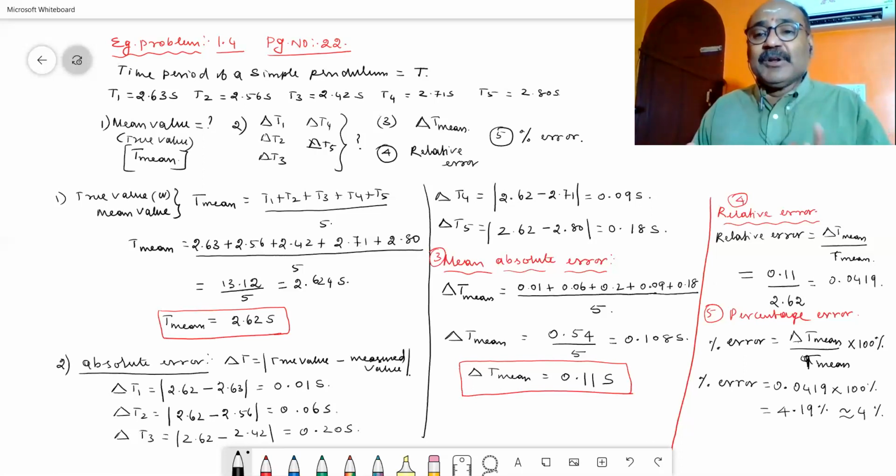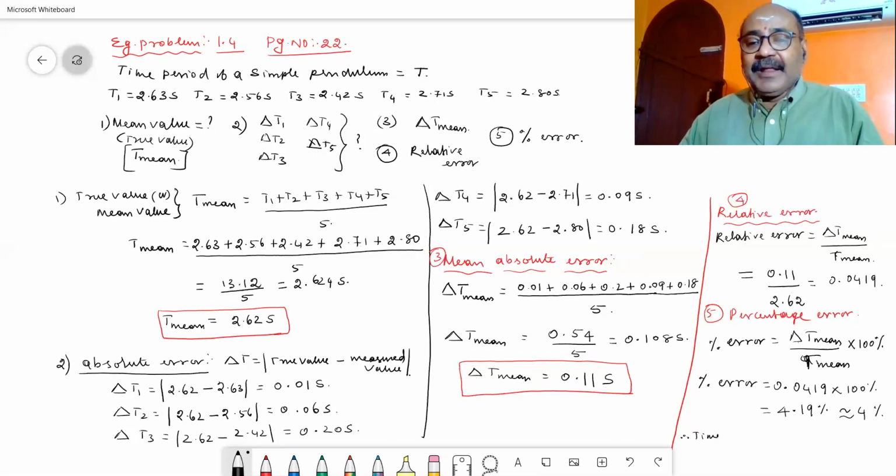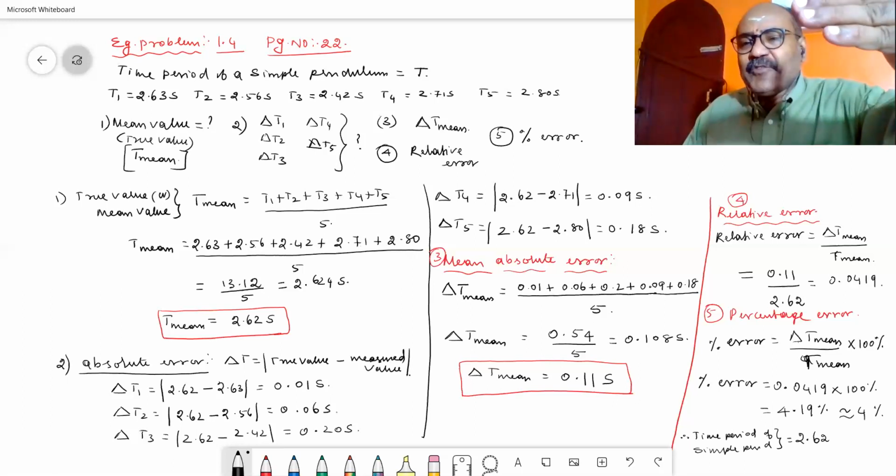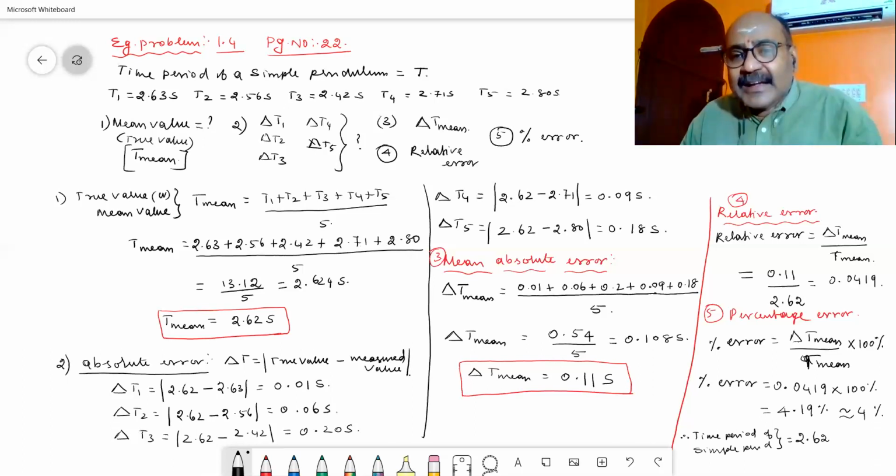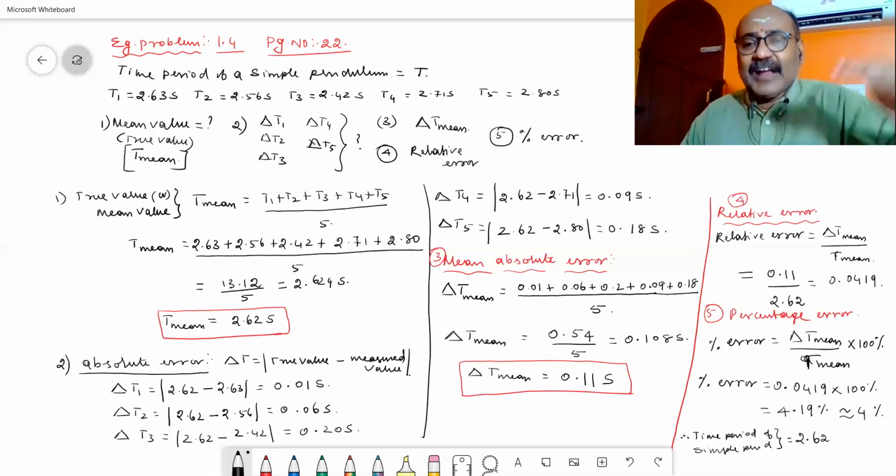Now, how can you write the time period of the simple pendulum? Therefore, I can write the time period of the simple pendulum is equal to, what is the true value? The true value is 2.62. This true value may increase by 4% or it may decrease by 4%. That is the error we have analyzed.